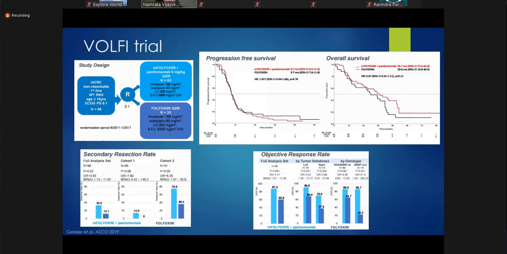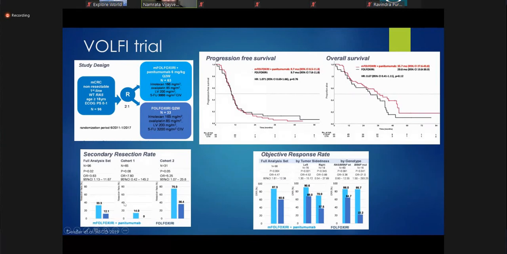You see here the PFS was better for the arm that was using the panitumumab, but small numbers, none of it was significant, right? So even though similar PFS, the OS was much better with the FOLFOXIRI panitumumab arm, hazard ratio 0.67.